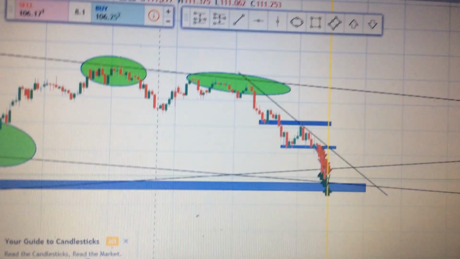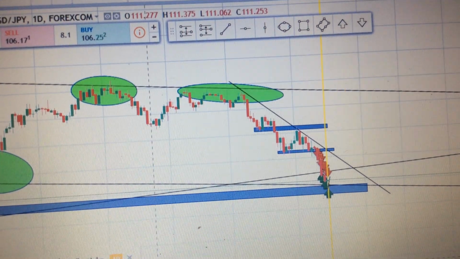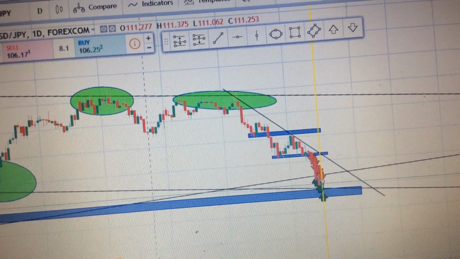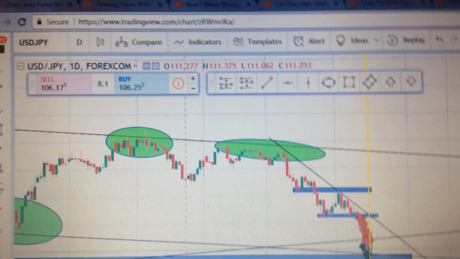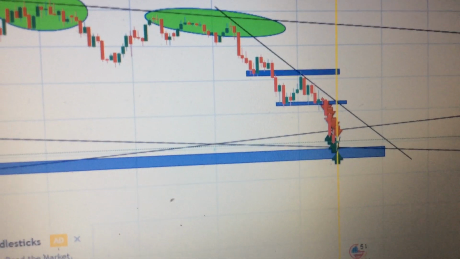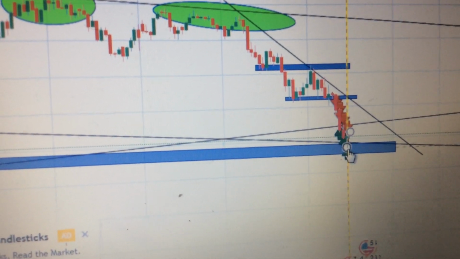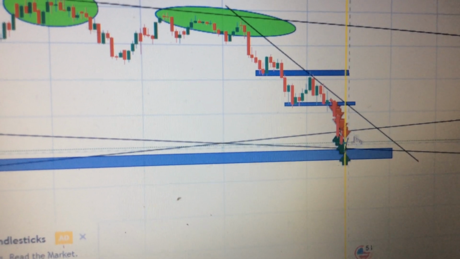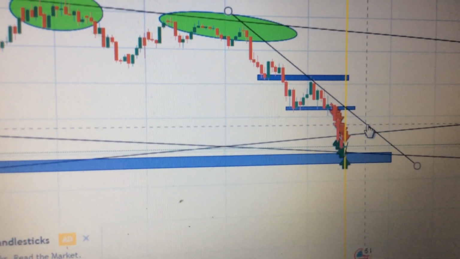Yeah, so it looks like we're a little overextended. I don't think we can accelerate too much to the short side, but we're going to look for a possible retest of this trend line here.